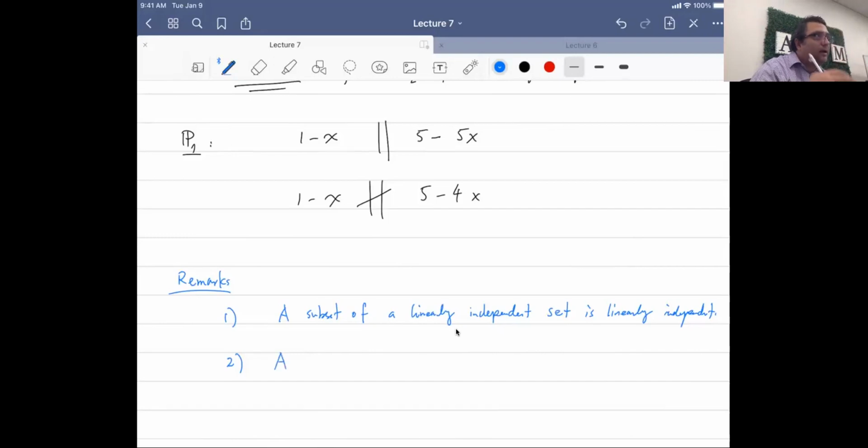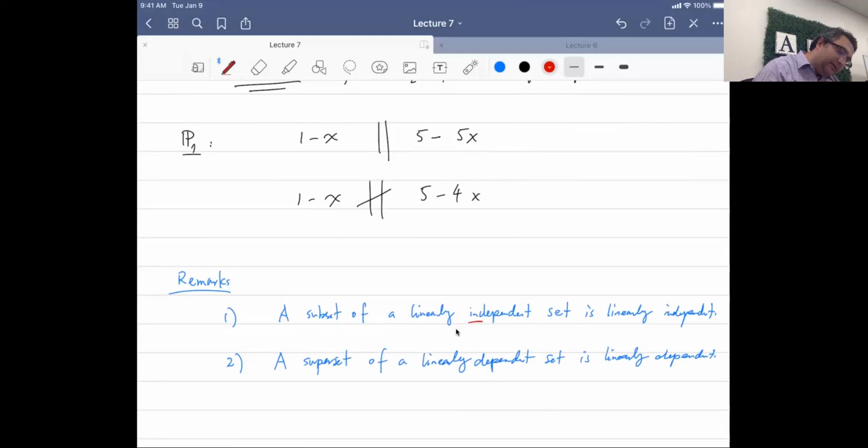Adding elements to a set gives you a larger set, called a superset. A superset is sort of the opposite of a subset. So a superset of a linearly dependent set is linearly dependent. Let me just underline independent versus dependent, okay?